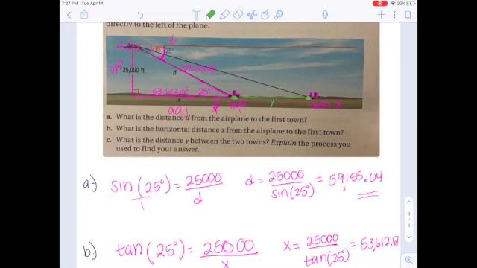So to me, I can't find a right triangle with just a side of y. So I'm going to look at the bigger picture. I'm going to erase my little pink triangle here so we don't get too confused.